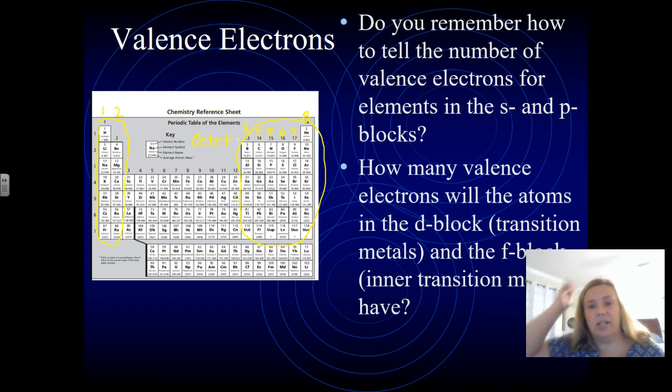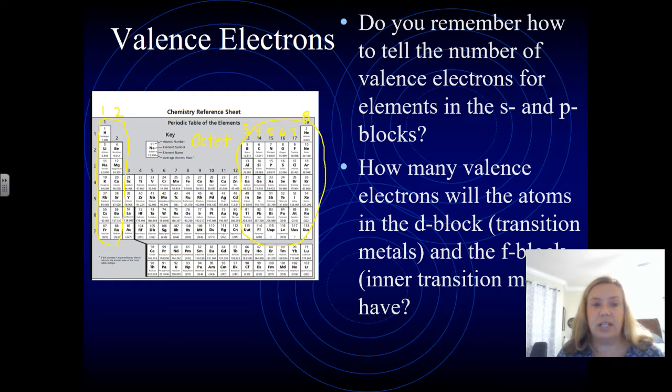How many valence electrons will the atoms in the D block and the F block have? So we also need to know this with transition metals. Sometimes even though we don't see them as valence electrons, sometimes they can behave as valence electrons.